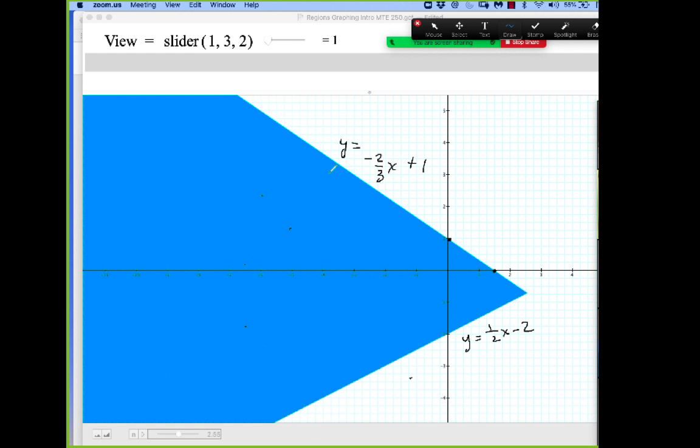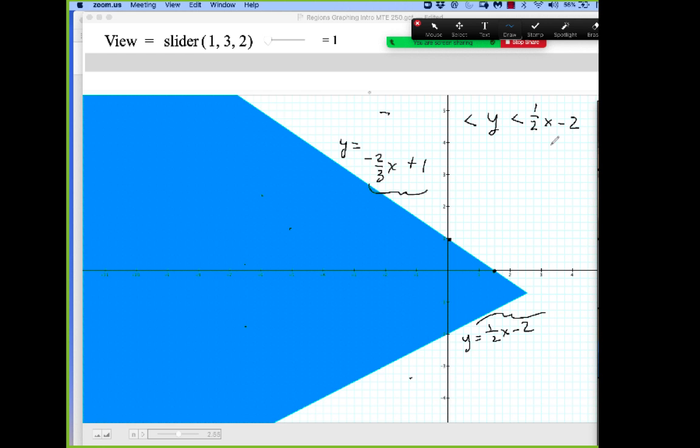If we're thinking above and below, then we're thinking y coordinate. So we want all y values that are above what? Oh, 1/2 x minus 2. Yeah. And then negative 2/3 x plus 1.